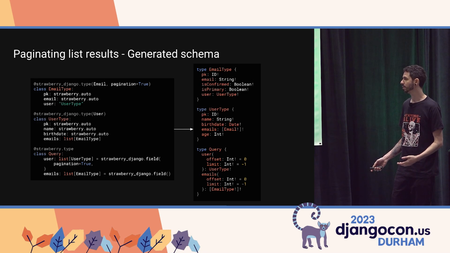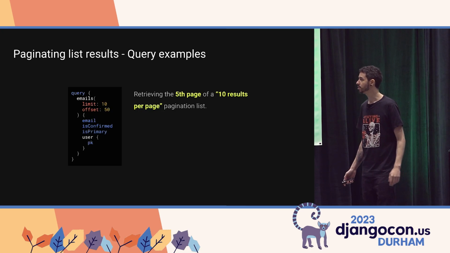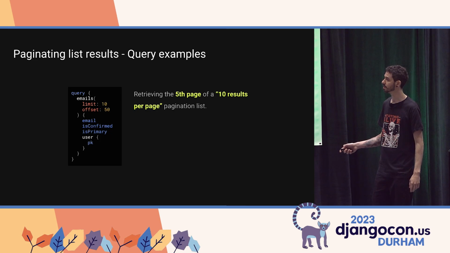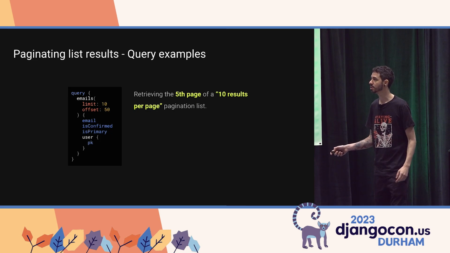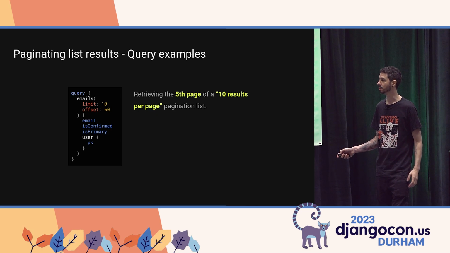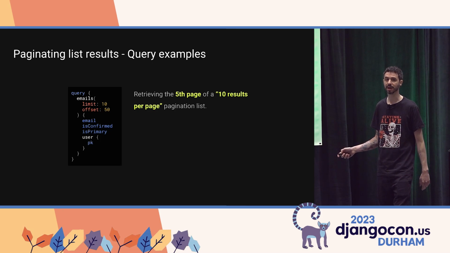So it's a really straightforward way to use that. For example, if I want to retrieve the 50th page of a 10 results per page pagination list, I can ask for an offset of 50 and limit it by 10.